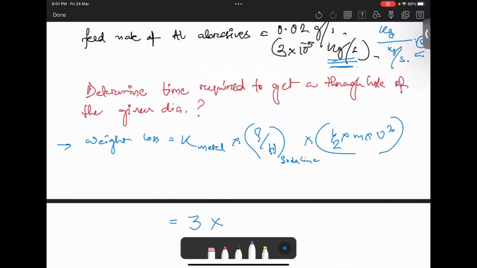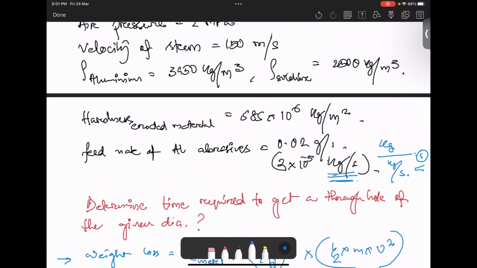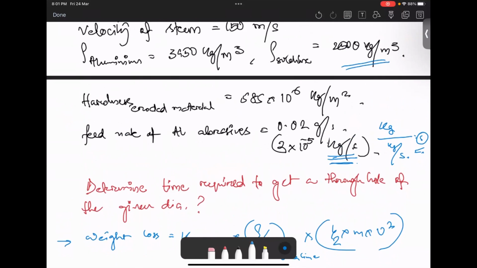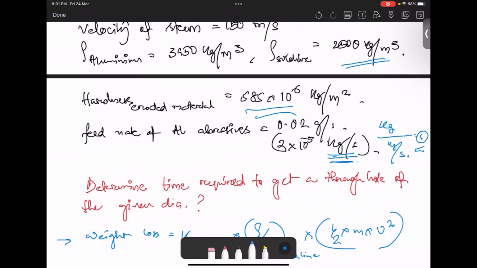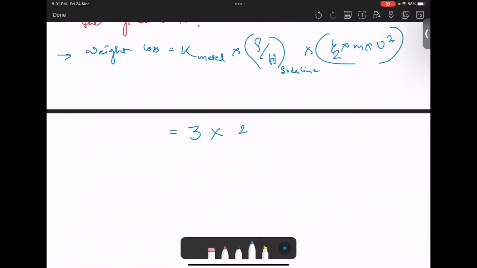Let the density for soda lime, as given here, be 2500 kg per meter cube, and the hardness for the same is given as 585 into 10 raised to power 6. So putting that into the equation, we have 2500 as density of soda lime, and the hardness being 585 into 10 raised to power 6.